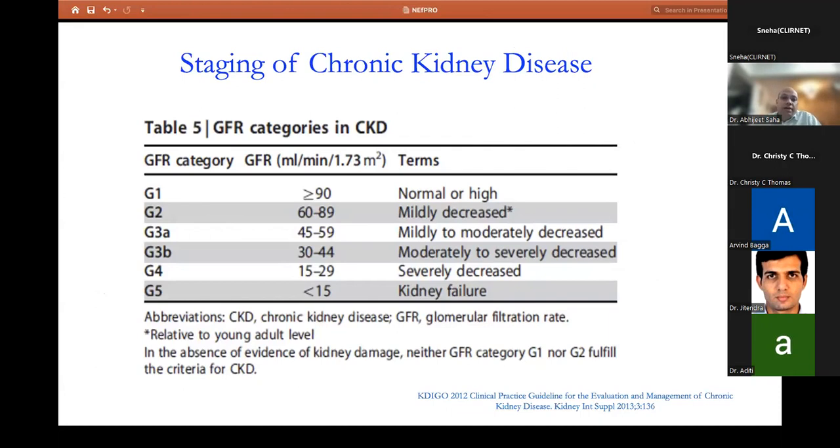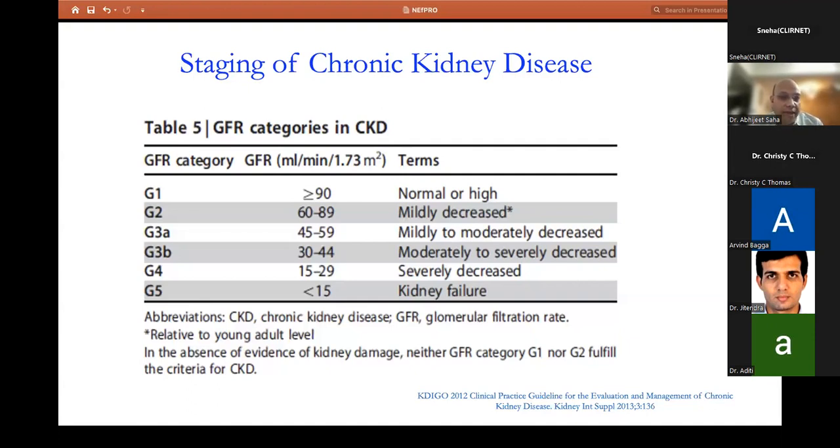And chronic kidney disease based on KDIGO is staged from stage 1 to stage 5, depending upon the GFR, which you can easily calculate with the modified Schwartz formula, which you must have calculated for this child also. So based on the Schwartz formula, with this patient with chronic kidney disease, you can write down which stage this patient was.